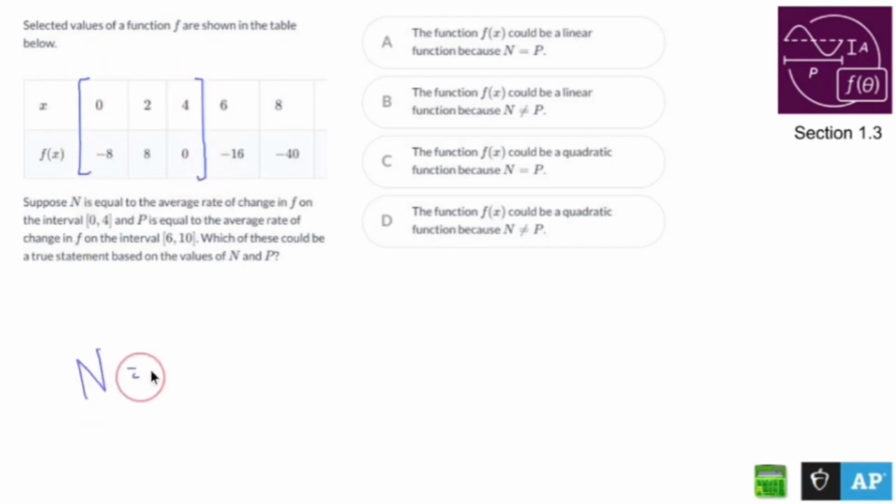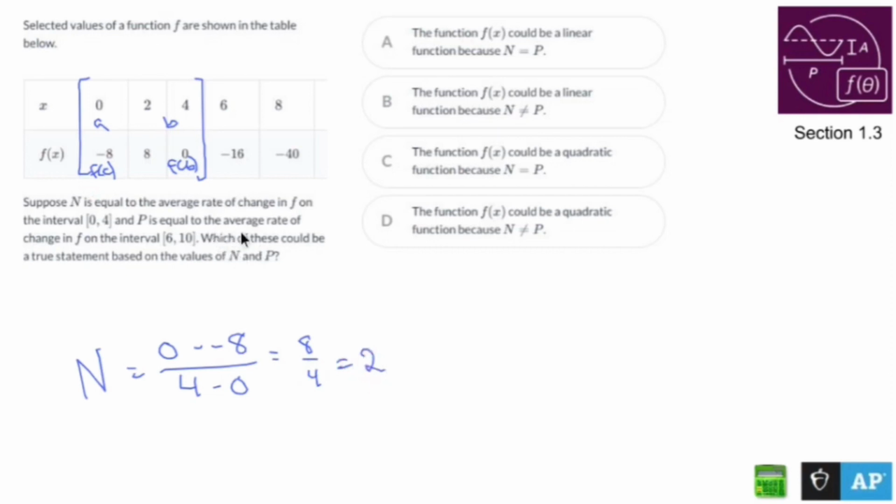So n is going to equal f of b minus f of a over b minus a. So f of b is 0, minus f of a is -8, so I have a double negative there, over b, which is 4, minus a, which is 0. So that's going to be double -8 over 4, and it's 2. Okay, got n down.